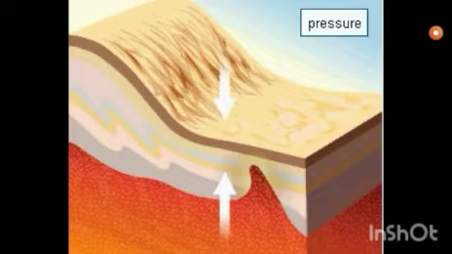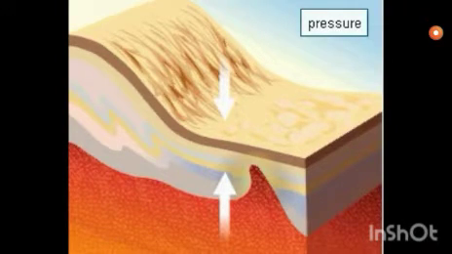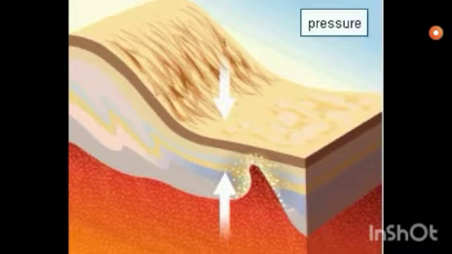So the heat from inside the earth's crust and the pressure from the above result in the chemical composition change of these sedimentary and igneous rocks present there. So it will take a new form, a change of form will take place, and this is called metamorphism, and it will result in the formation of metamorphic rocks.